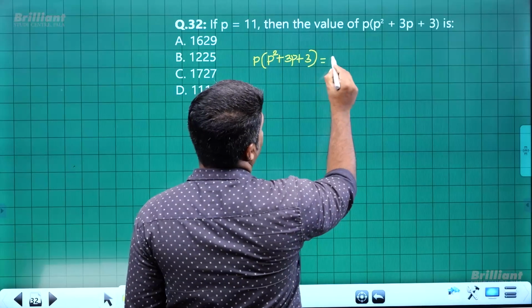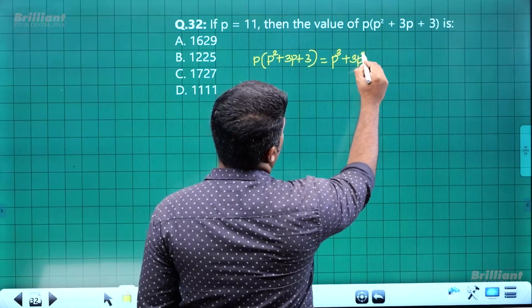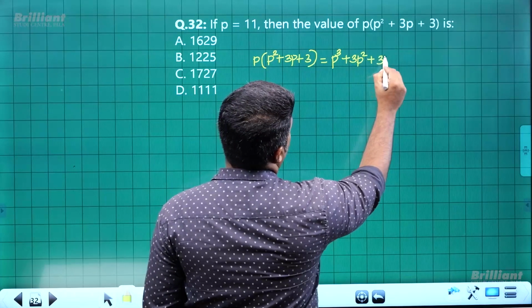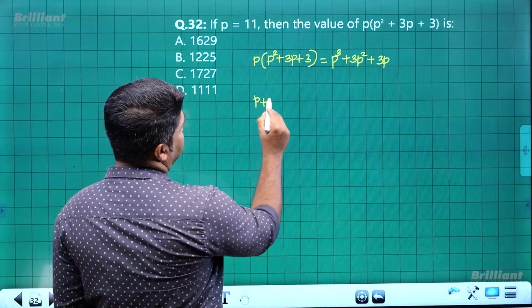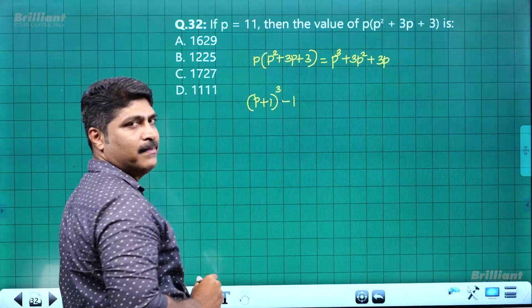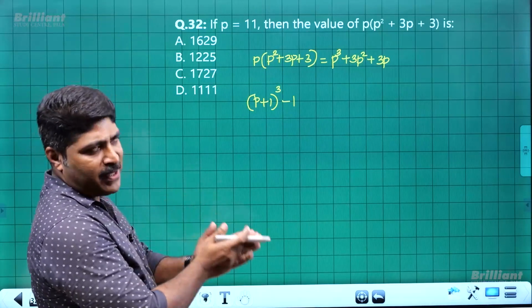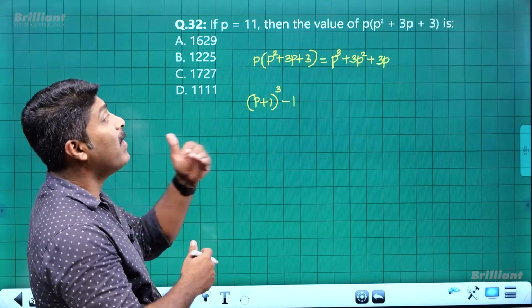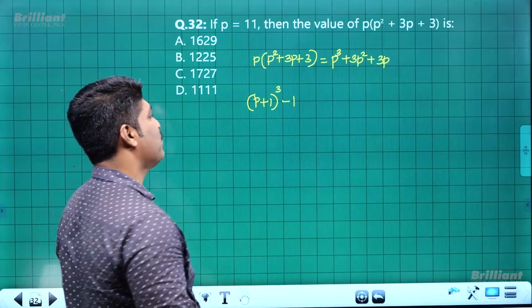Then this will be P cube plus 3P square plus 3P. This is nothing but (P plus 1) the whole cube minus 1. What is (P plus 1) the whole cube? That is P cube plus 3P square plus 3P plus 1. So therefore this is (P plus 1) the whole cube minus 1.